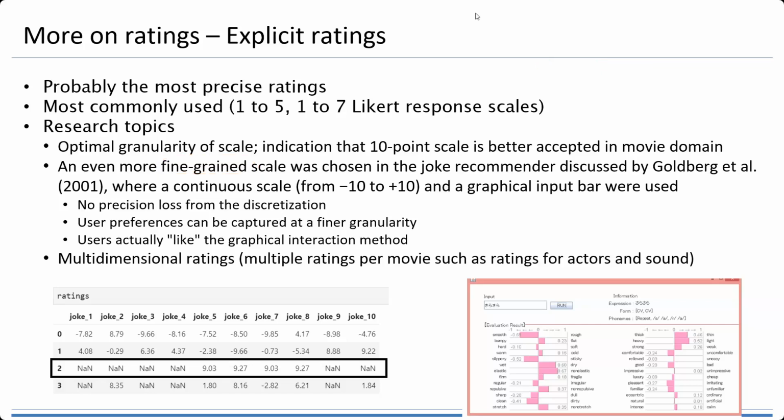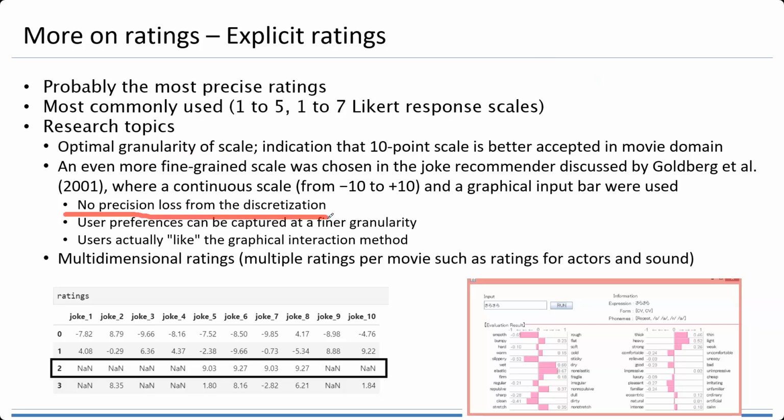People said that there is no precision loss from the discretization. It means if we use the numbers 1, 2, 3, 4, 5, actually we ask the users to choose only from 5. It's easy.